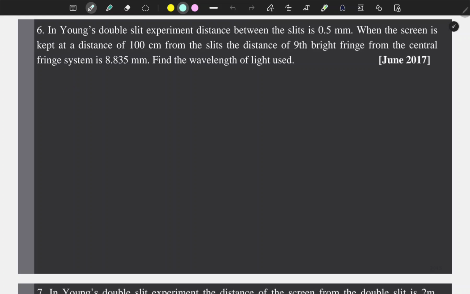So if you consider Young's double slit experiment, the setup looks like this. This is the screen.